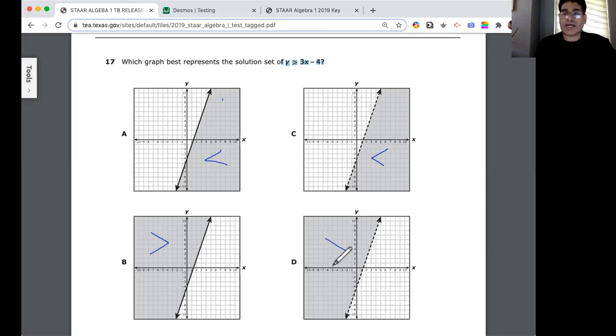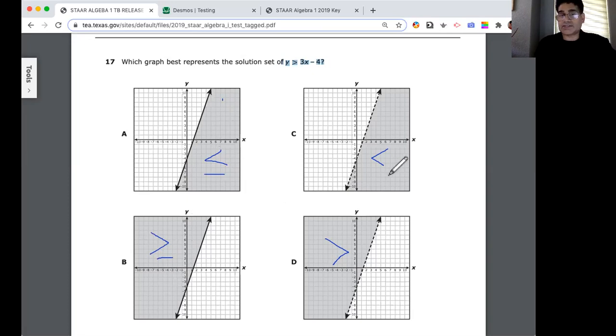Okay. Now, what's the other thing to remember? Shading below the line for less than or equal to is a solid line, as you see here. Shading above the line, toward higher y values, toward a positive direction, if it's a solid line, it's greater than or equal to.